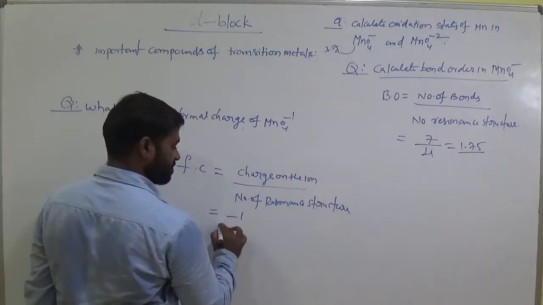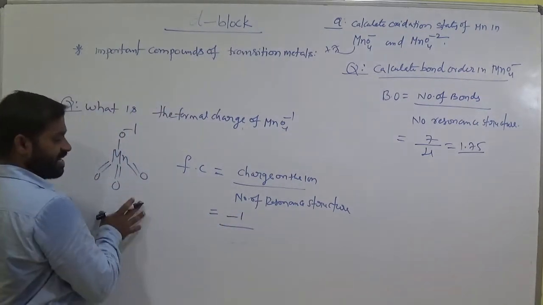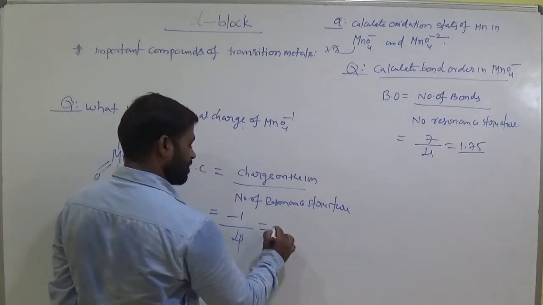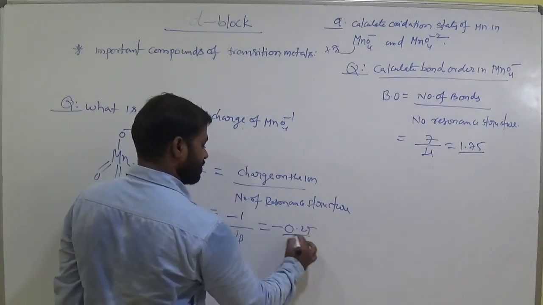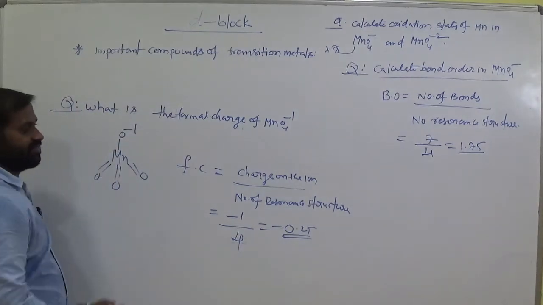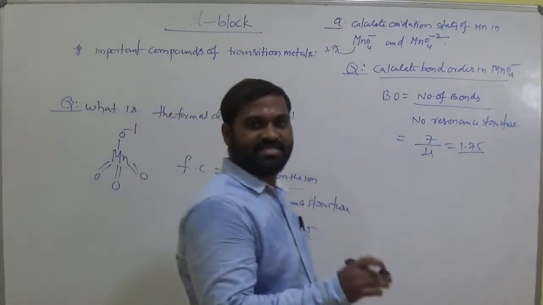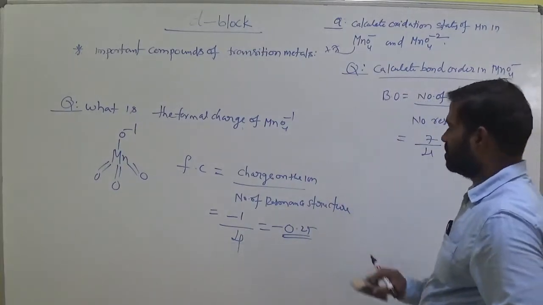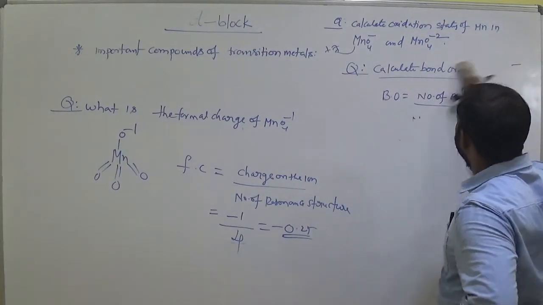Number of resonance structures means it can show 4 resonance structures. That is 1 by 4, minus 0.25. So minus 0.25 is its formal charge. That means the net charge on the molecule. So keep these 2 points.